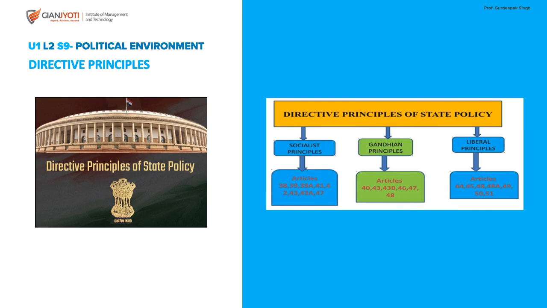Generally these fall in three categories: socialist principles, Gandhian principles, and liberal principles. Number one is the socialist principles, like for the society as a whole. These are certain articles which are given over there.